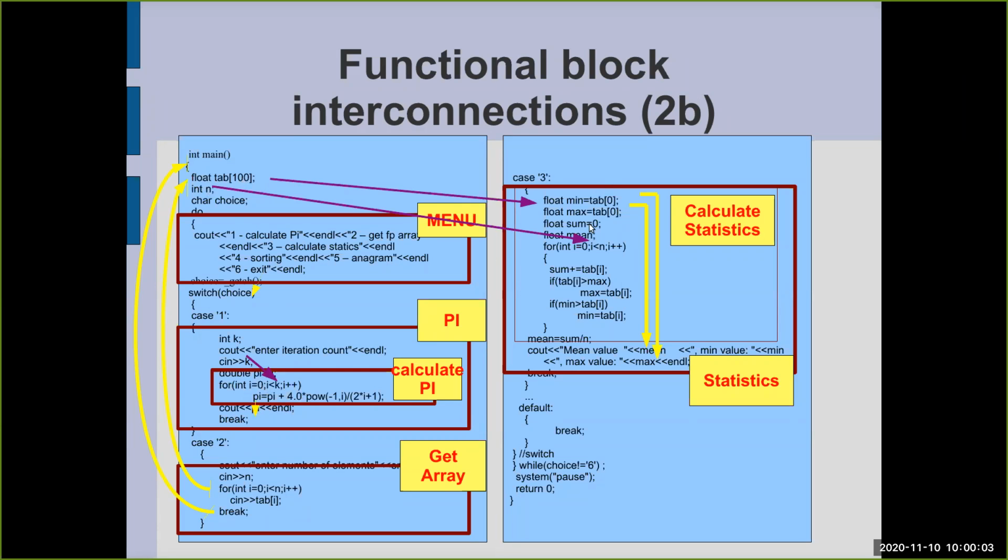The result of calculate statistics is min, max, and min value. So here we have several. Okay, the result of menu is choice. So looking at this block, we can find two kinds of relations.